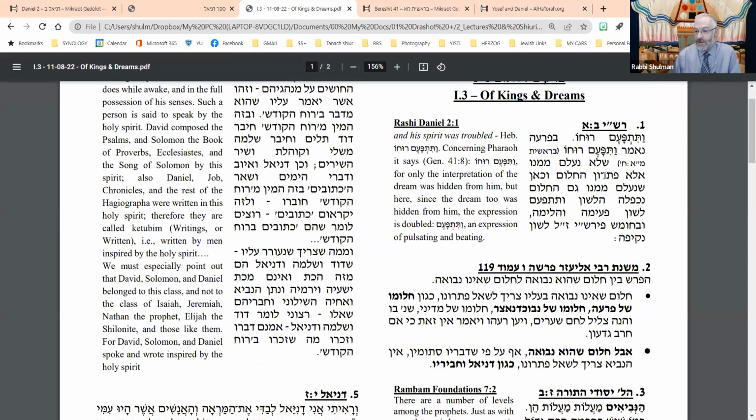So Paro, here, not only was the interpretation lost to him, but the dream itself was lost to him. And therefore he had two elements that he had lost in that moment. Nichbelah lashon, and therefore the language is doubled. Vatitpaem, lashon pima, v'halima, the pulsating and beating.